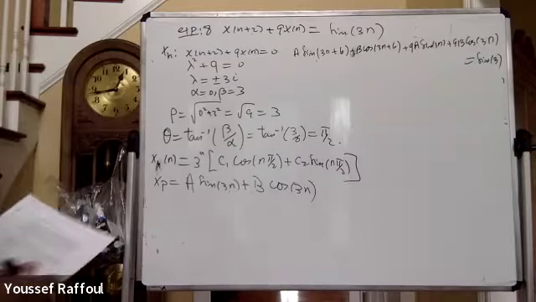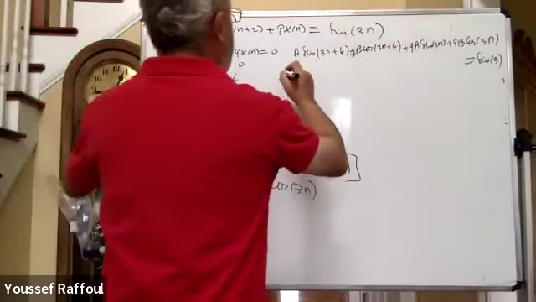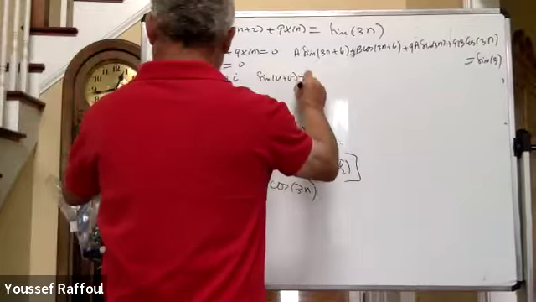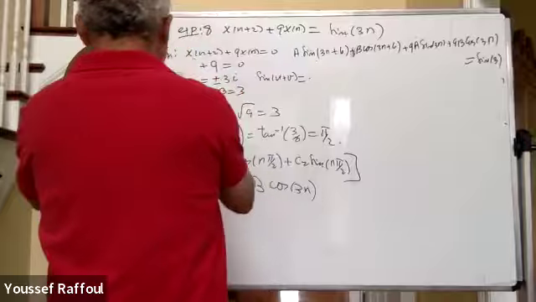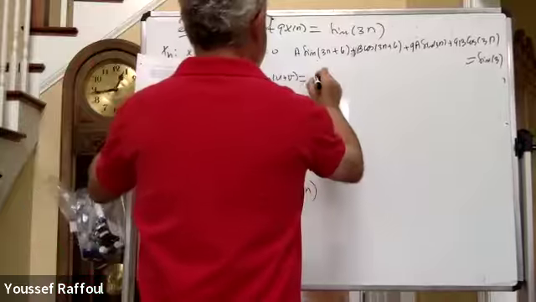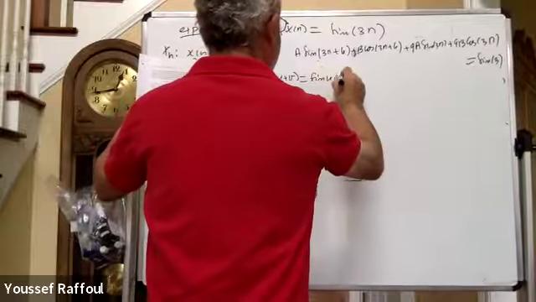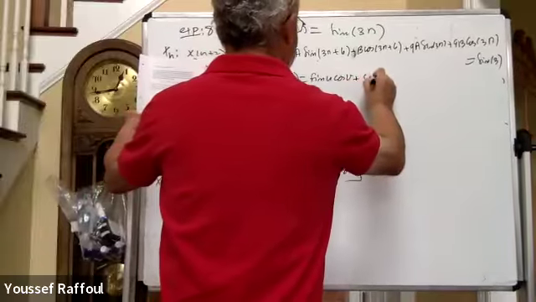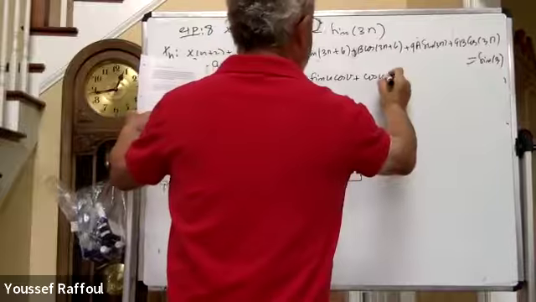So here you are going to use sine of u plus v. Sine of u plus v is sine u cosine v plus cosine u sine v.